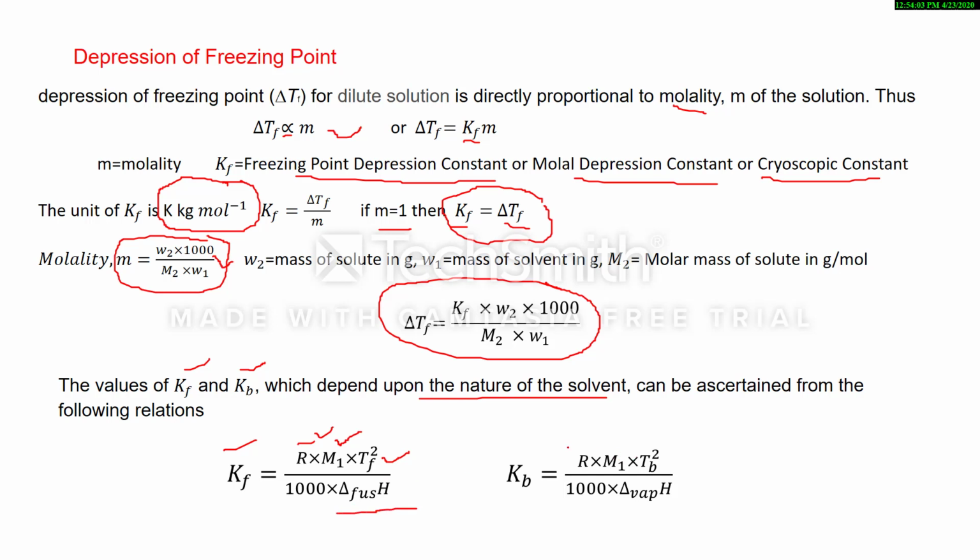In the same way, in this case, R is a gas constant, M1 is the molar mass of solvent, Tb is the boiling temperature of pure solvent, and this is the enthalpy of vaporization.